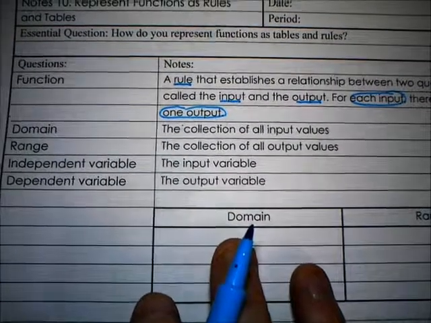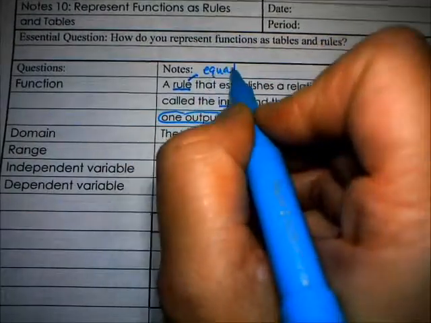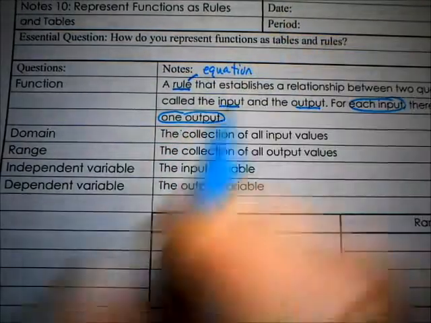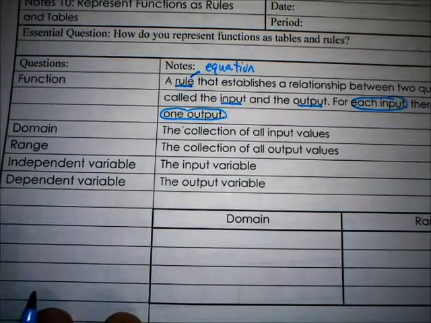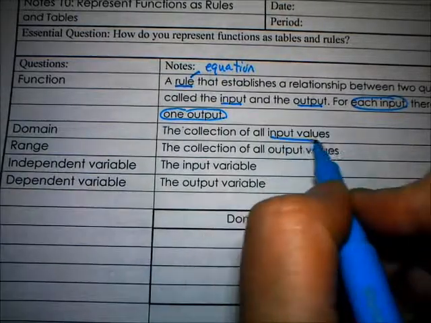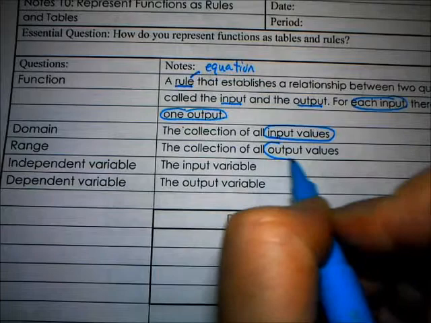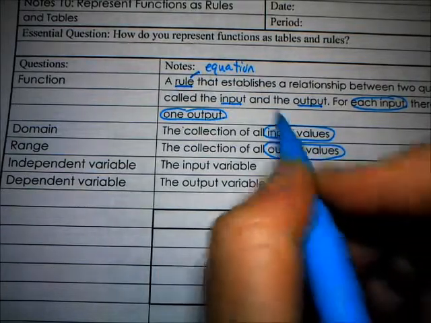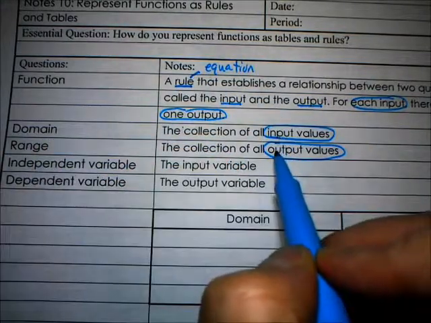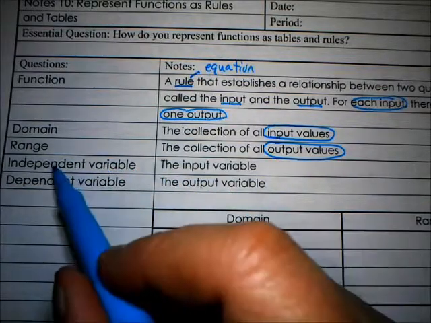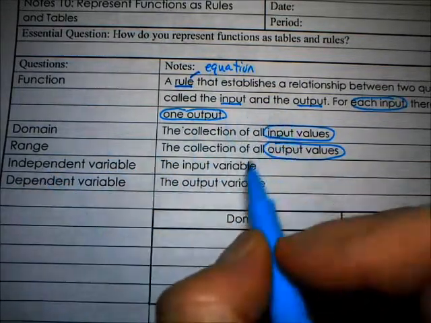So we have domain. And by the way, a rule is an equation or an equality that actually exists. The domain and range. The domain is all the input values that are given to you, and the range is all the output values. So it's what you put in and what you get out. It's usually the x, and this is usually the y. And then likewise, they also like to call them independent and dependent.